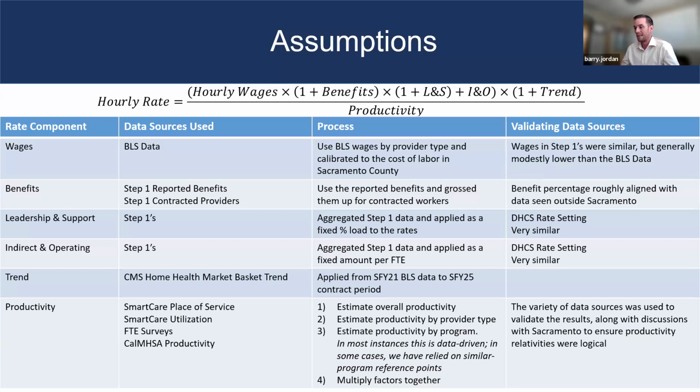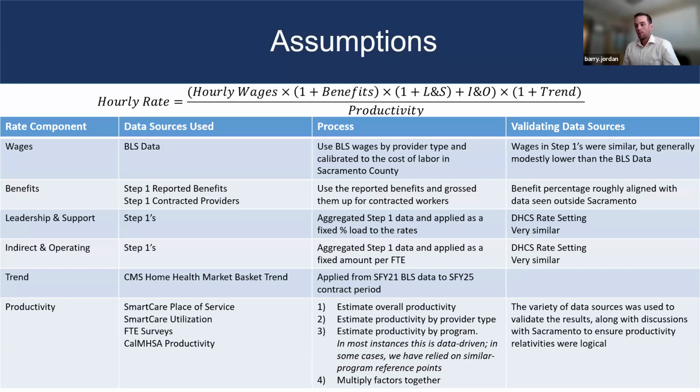This gets to the understanding that in some cases, information provided was for contracted providers, and there might not have been a separate amount broken out for benefits because those might be baked into the contracts that are in place. Overall, the benefit percentage roughly aligned with data that we've seen outside of Sacramento. So that was a validation view that we had within the benefit load.